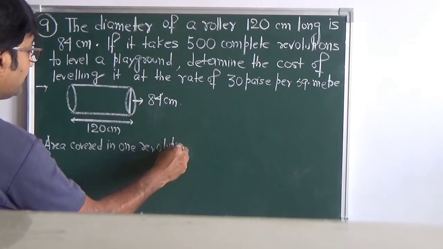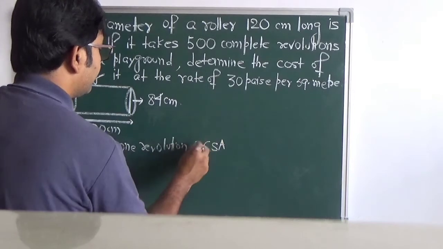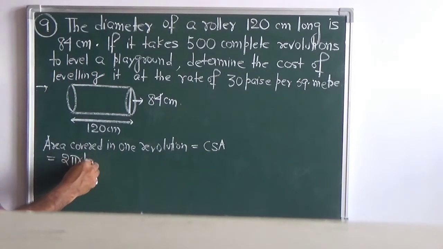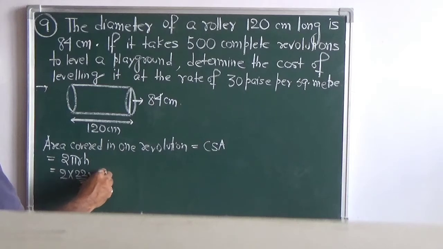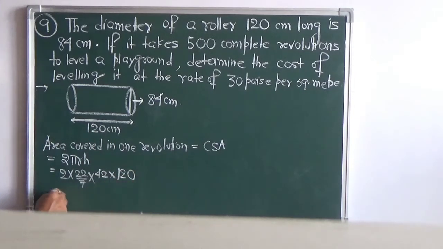As usual, this will be equal to the curved surface area, that is 2 pi r h, that is 2 into 22 by 7. The radius is half of this, that becomes 42, and the height, that is the length, is 120. That gives 31680 centimeters square.